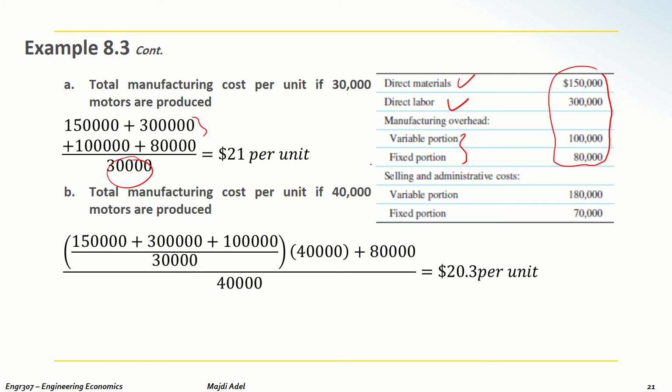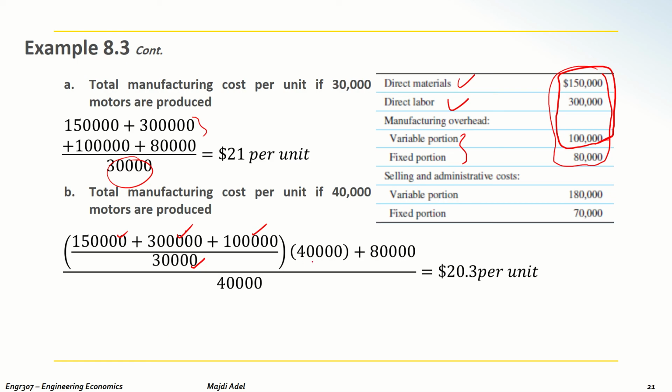The variable part of producing the 30,000 units is this part. So 15,000 plus 150,000 plus 300 plus 100,000 divided by 30. This is the variable cost per unit.